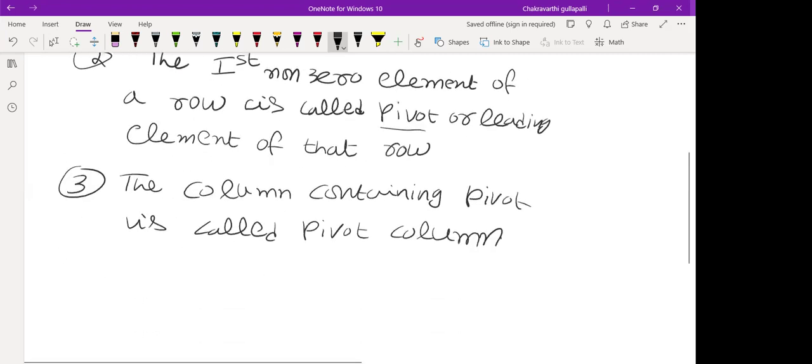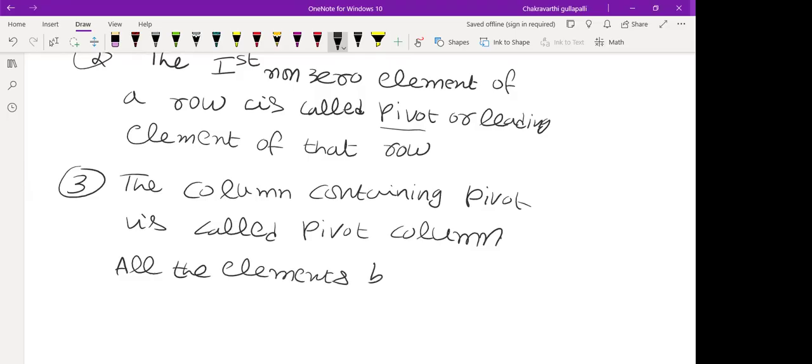The condition for echelon form is: first identify the pivot column corresponding to the first row. All the elements below the pivot in the pivot column must be 0.